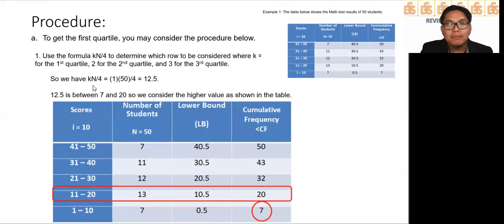So if the result after substituting to the formula Kn over 4, you get 12.5, you box the higher value, the higher row. Okay, so that's as seen here. So why do you need this information to be able to solve the problem?